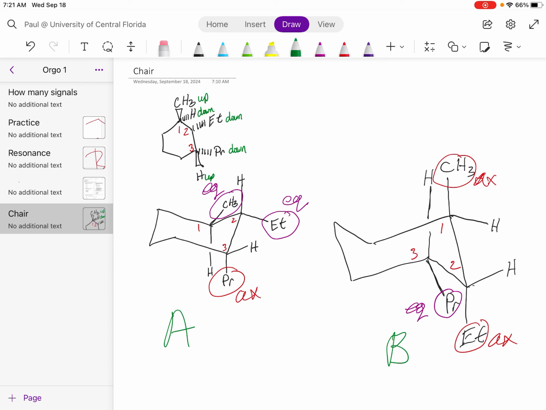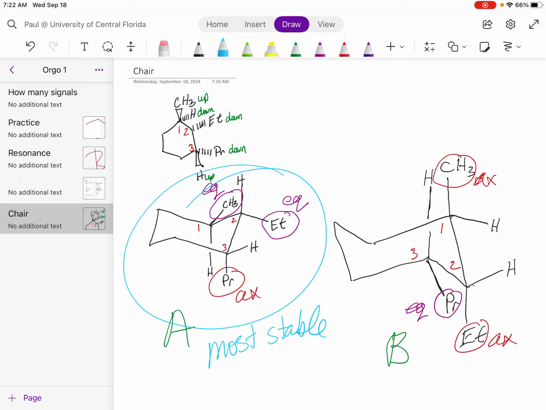Whereas in molecule B, you have 2 of the 3 largest groups that are axial, which is not good. So let me say that again to do the proper comparison. In molecule A, we have 2 equatorials, and then in molecule B, we only have 1 in the equatorial position. So that makes this guy right here the most stable chair conformation between those two.